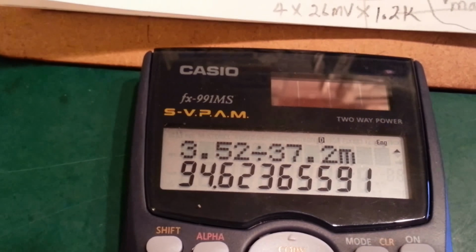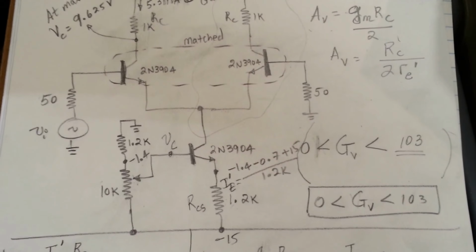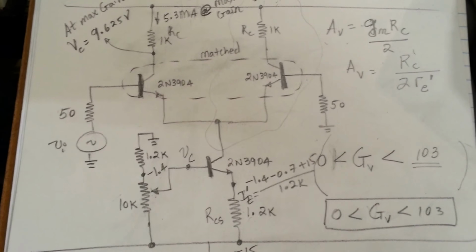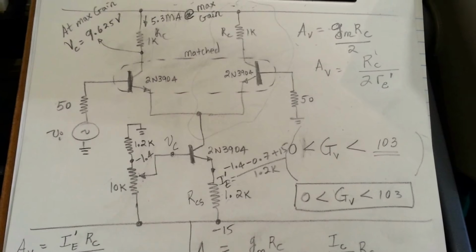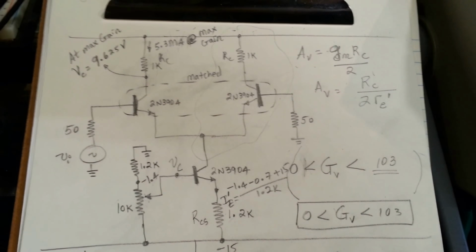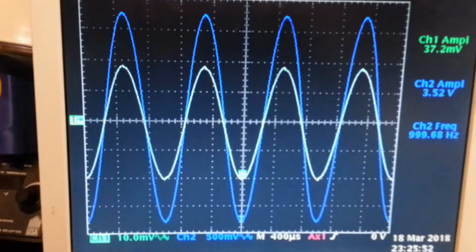Based on that, our gain came out to be 94.6, but our calculated was 103. Depending on the resistor tolerances and the mismatch of the transistors, I'd say our calculation is very close and closely matches our measured data, as you can see.